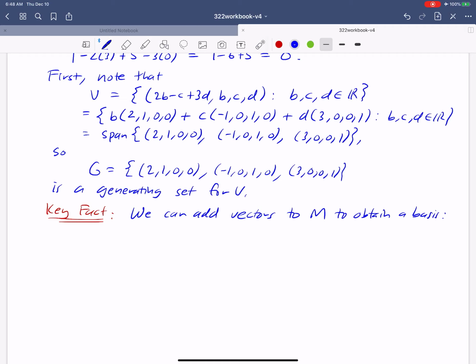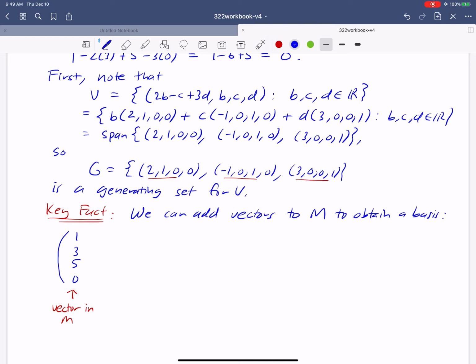We start from a matrix, and we'll start with the vector that we were given in M. That was (1, 3, 5, 0). And then what we're going to do is append the three vectors in our generating set.